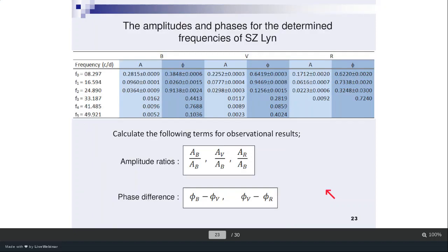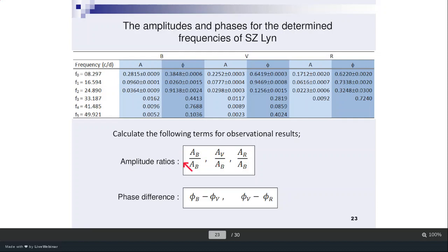Once you get the amplitudes for the first, second and third frequencies, we get the amplitudes and the phases of these frequencies. Then we have to determine the amplitude ratios, right? The amplitude ratios of the B band and the R band.